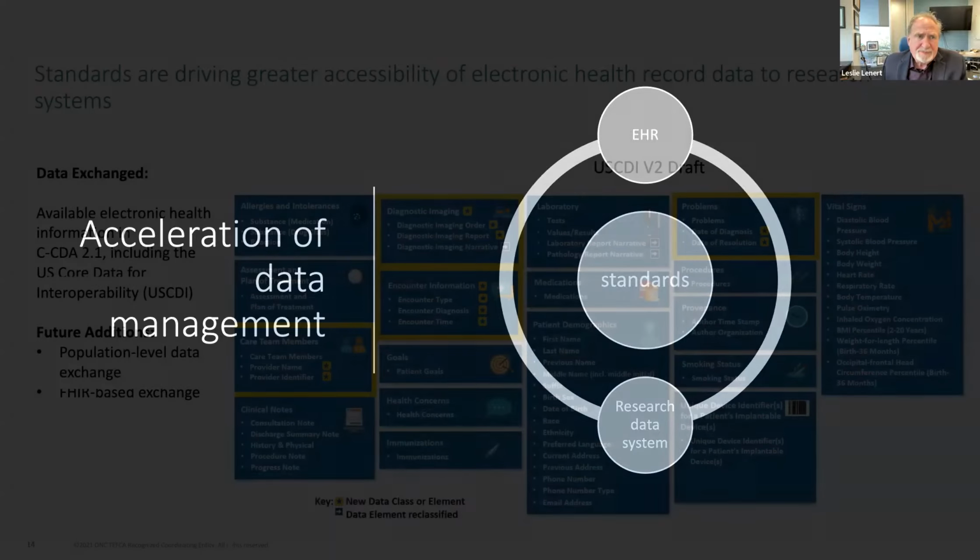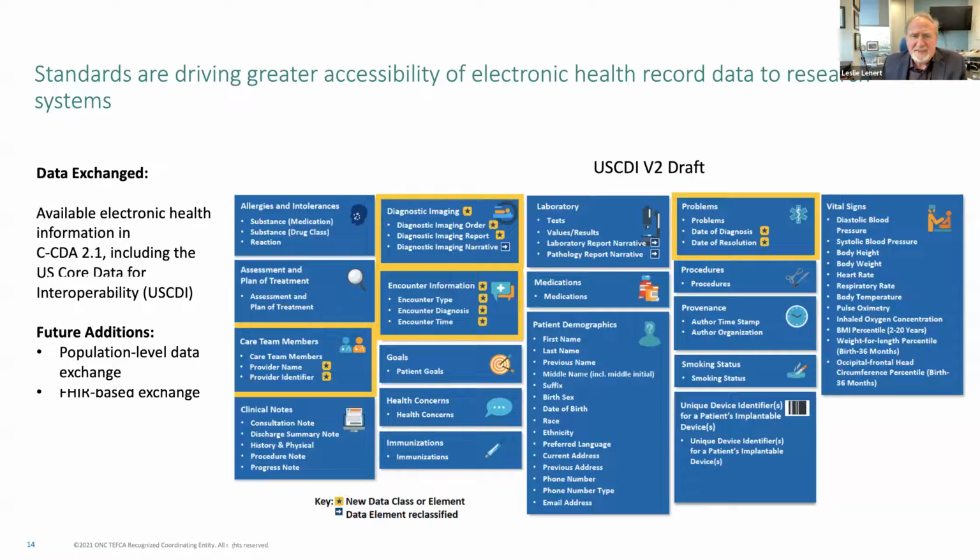Now, the reason we care about this so much is that electronic health records are really evolving as a source of data. And this is a picture of the domains of the USCDI Draft 2 with the new domains highlighted in yellow, as to what each electronic health record is going to need to be able to produce and exchange by 2023 for each patient in the record on demand.